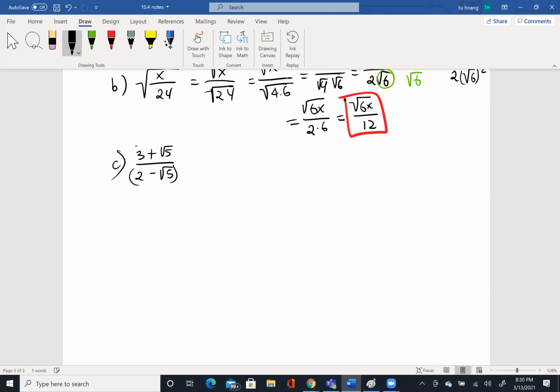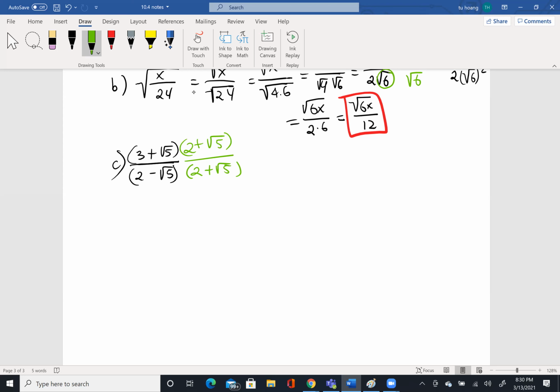So firstly, try to have the parentheses first. And you're going to multiply by the conjugate at the bottom, not the conjugate at the top, because you want to make the bottom become no radical. So 2 plus square root 5, and then the top also has to be multiplied by 2 plus square root 5.